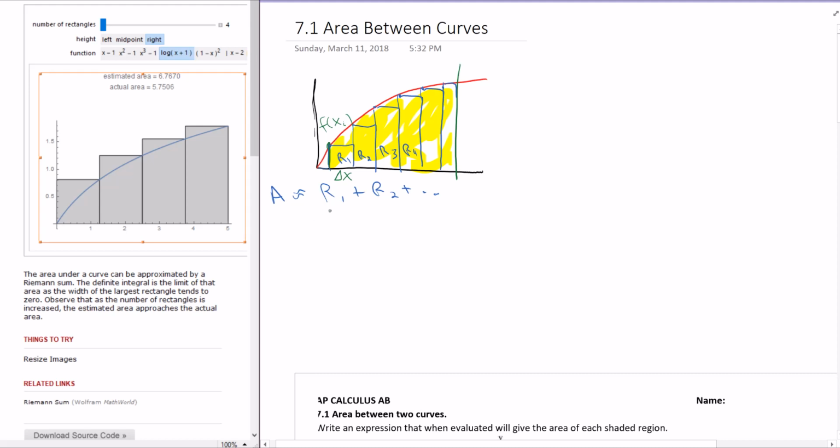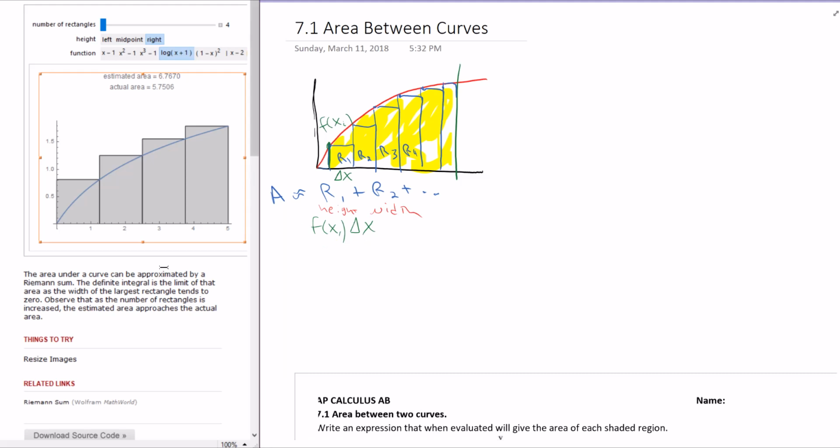So the area of rectangle 1 would be f of x1 times delta x, because this was the height, and this delta x was the width. That's how we'd find the area of that first one, and we add it to the second one, the third one, the fourth one.